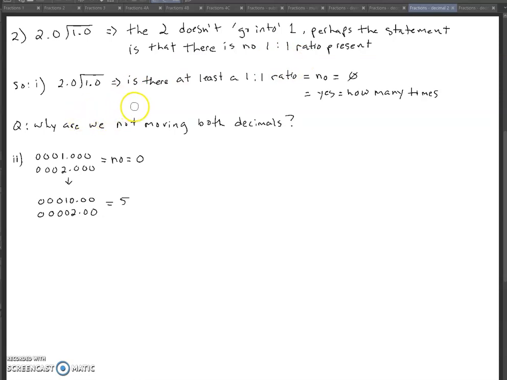So the question, is there a 1-to-1 ratio here? If the answer is no, then how many times do we go through the process? So if the answer is no, there's 0. So the thing for me is we move the decimal over here, but say 2. 2 also has a decimal. Why are we moving one decimal and not moving the other decimal?